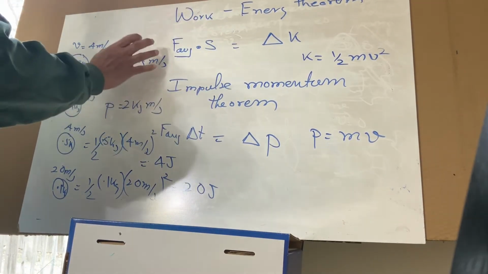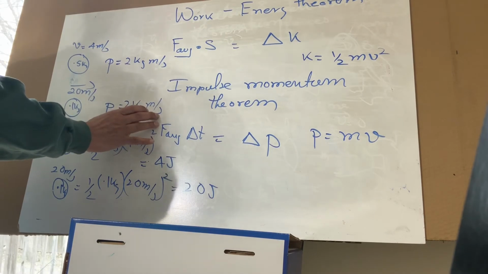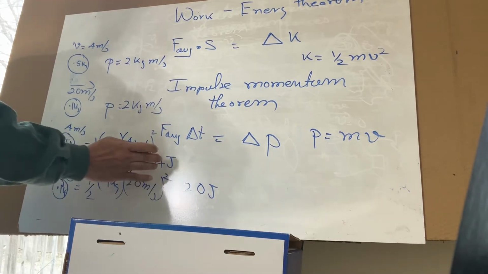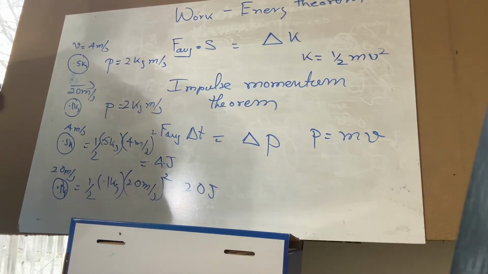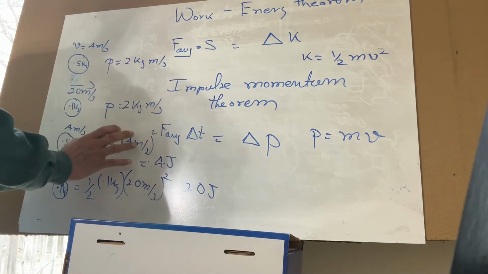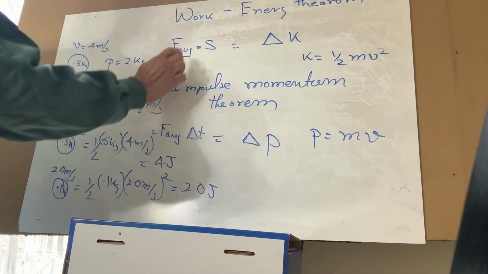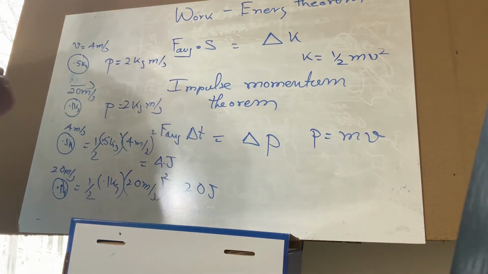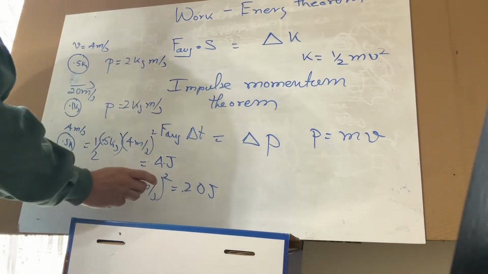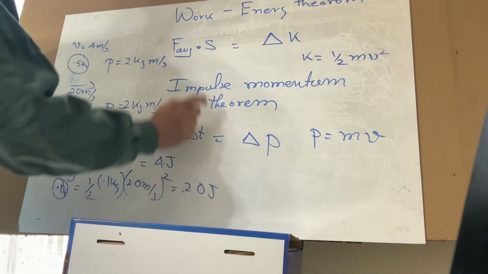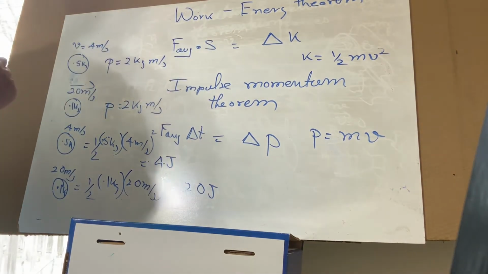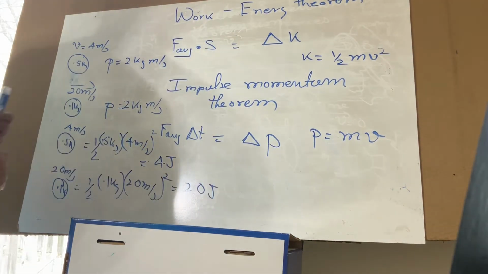They both have the same momenta, but the energies are going to be different. This is 5 times larger. If they have the same momenta, the average force is going to be the same in both cases, but in catching this ball, your hand will move 5 times further to get to 20 joules.